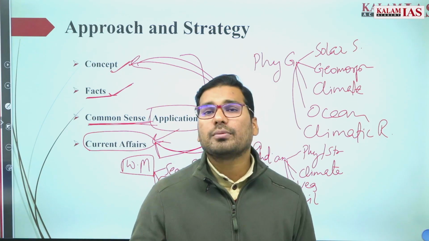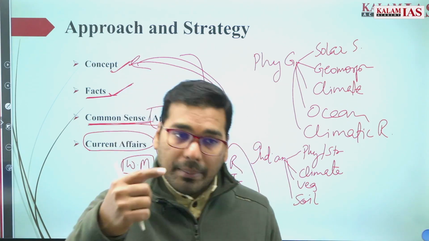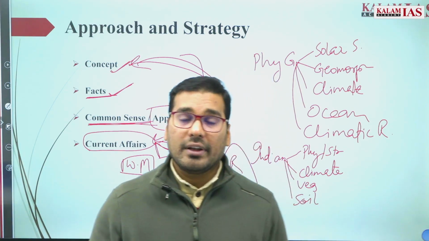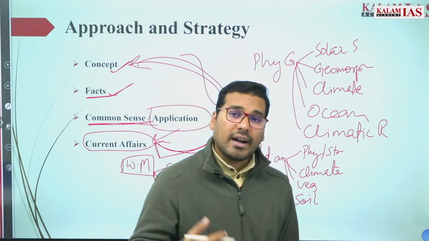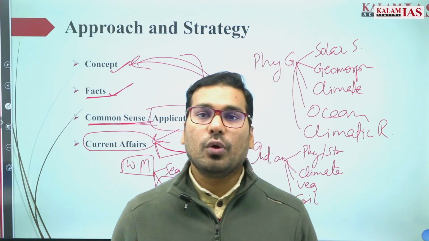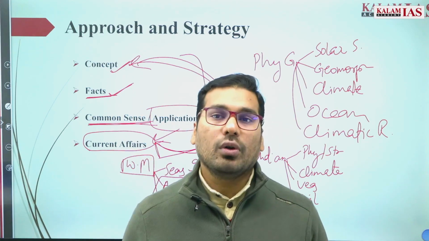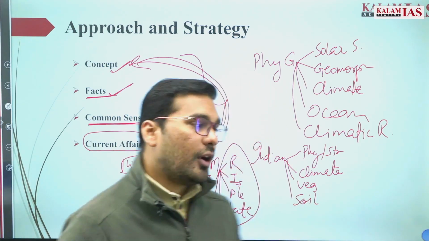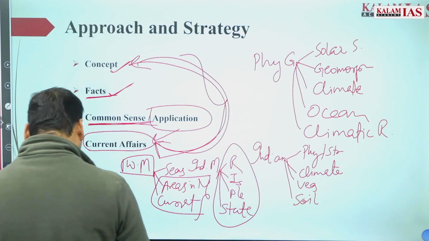What areas you must be very aware of? For example, the routes or the straits, Bosporus Straits, Dardanelles Straits. These are some straits which have been in news. Okay, the plateau or the peninsula which has been in news. You have to be very much prepared on those themes as well.